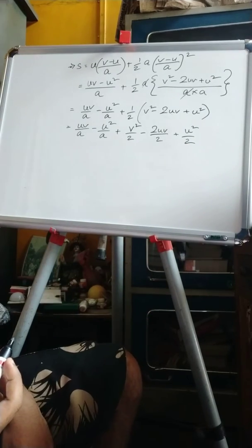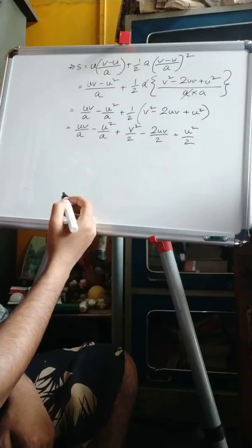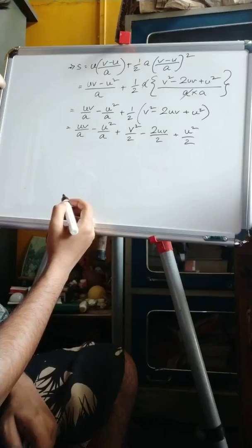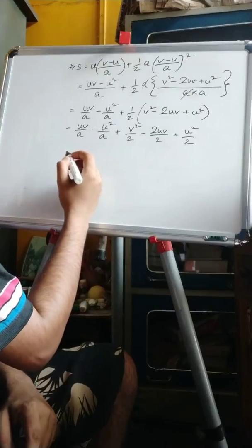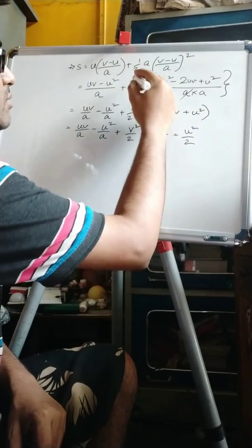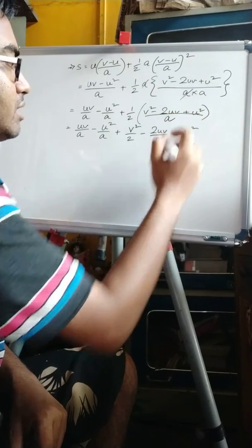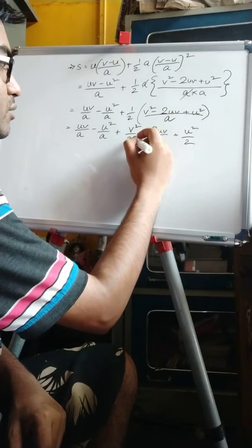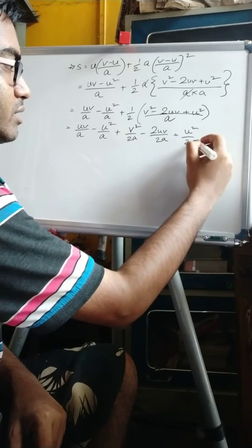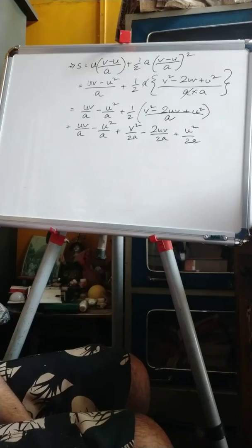Is it clear? Now from this formula what can we get? See, just a minute. Here we will be having the a. I'm sorry, it would be divided by a, so it would contain twice a in each term.